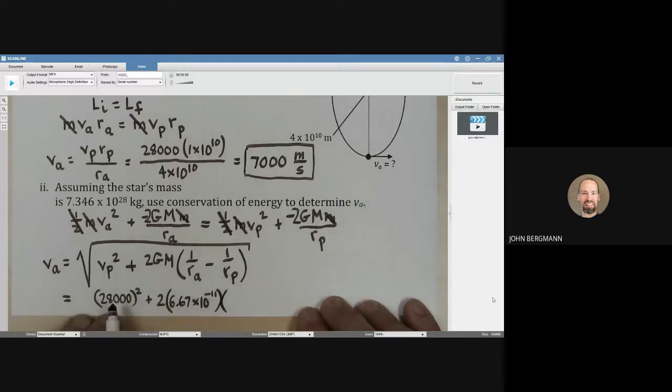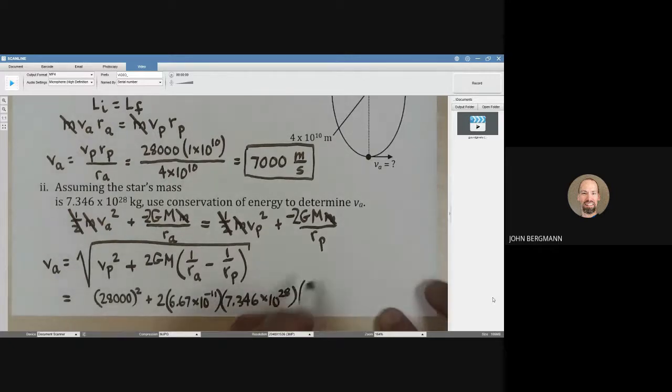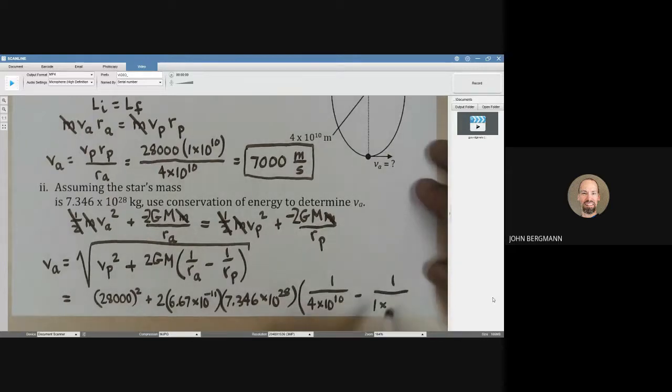The mass of this star, we're told, is 7.346 times 10 to the 28th. And then this fraction is going to be 1 over RA, which is 4 times 10 to the 10th, minus 1 over 1 times 10 to the 10th. And then we have to take the square root of that.